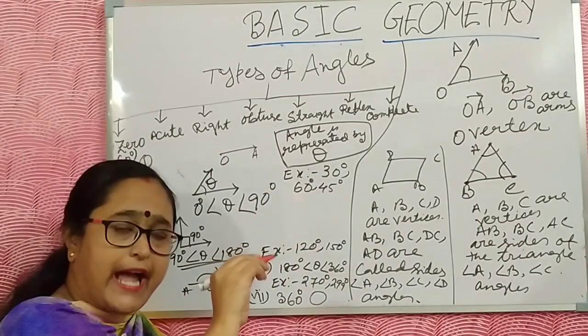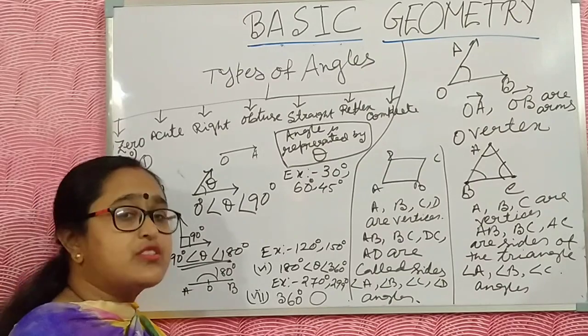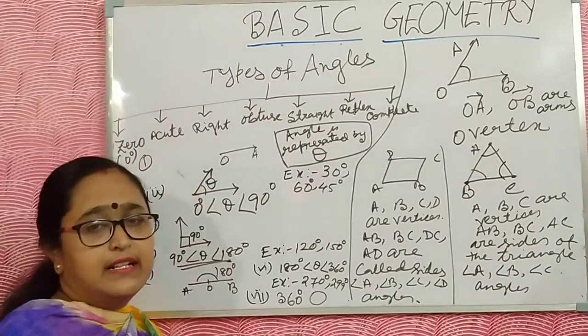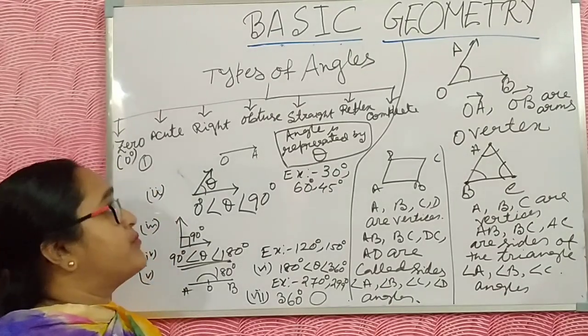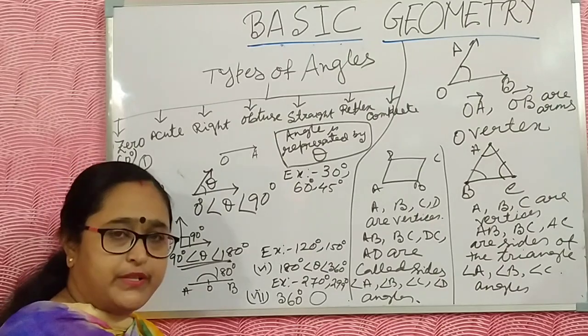You put a 0 and cut it in the middle. This is called theta. Here first I discussed zero angle, then acute angle, right angle, obtuse angle, straight angle, reflex angle, and then the complete angle.